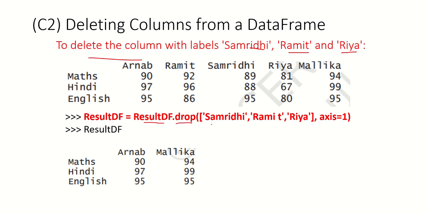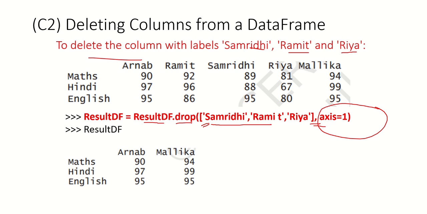In the other case, we wrote the name of the row label that we had to delete. Here they have given 3 column names, so you can specify all those 3 columns inside a list, similar to this. And comma, again the axis has to be specified. Since it is a column, you specify it as 1.